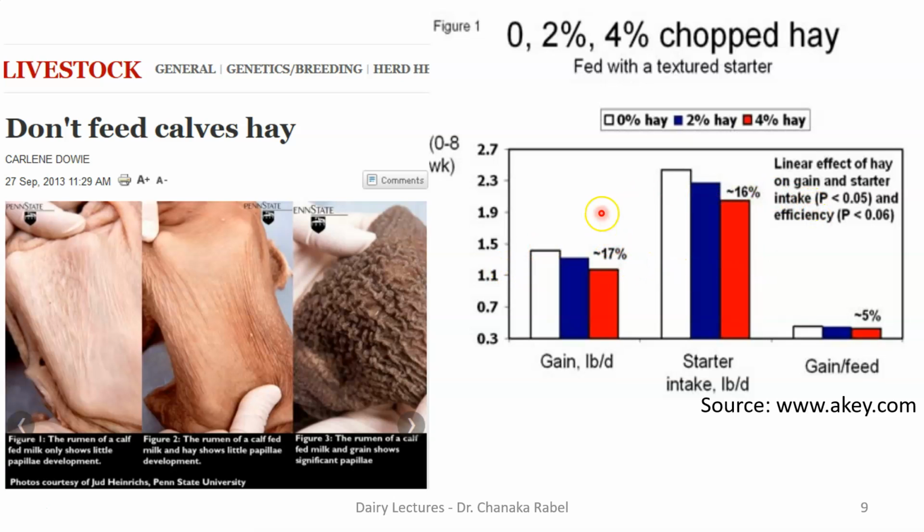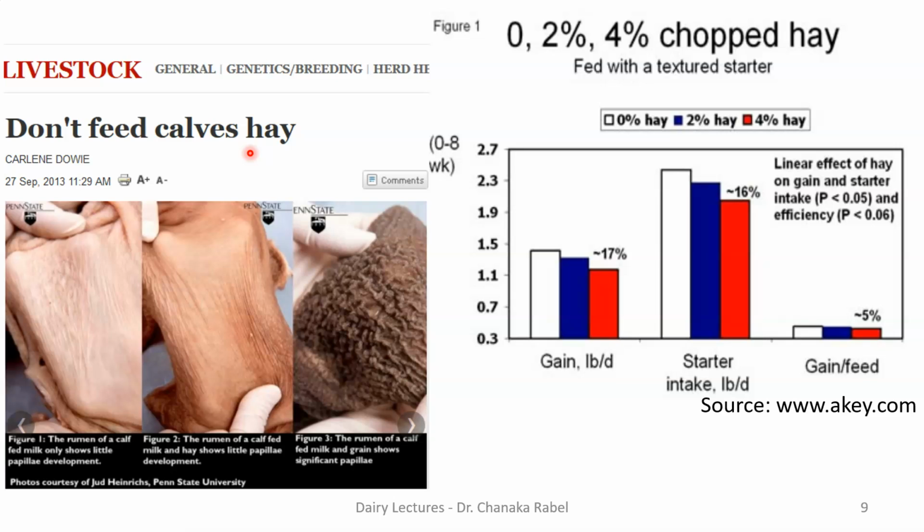Another experiment compared 0% hay versus 2% versus 4% hay, and 0% had the best growth parameters, starter intake, body weight gain, feed conversion ratio, etc. So this further confirmed the notion that we should not feed hay to calves.